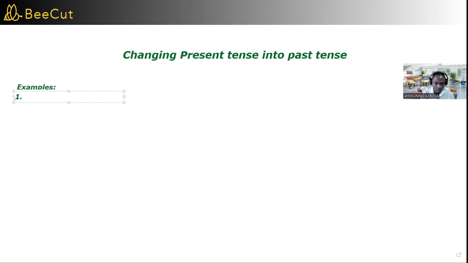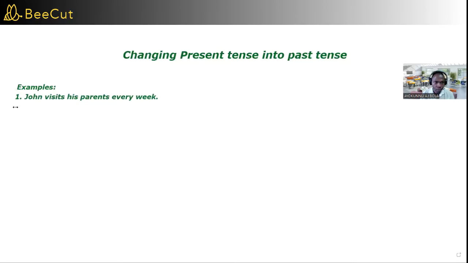Here is a sentence in present tense. John visits his parents every week. That is the present tense.